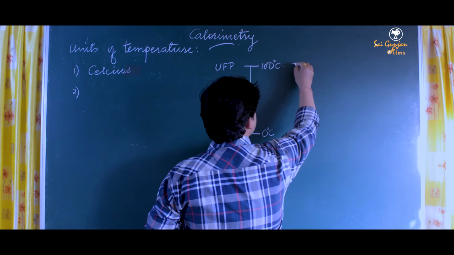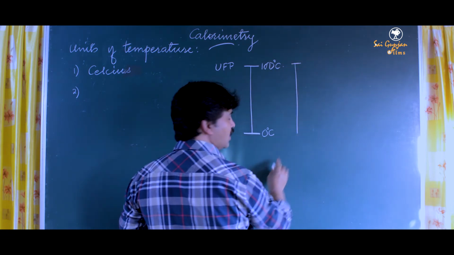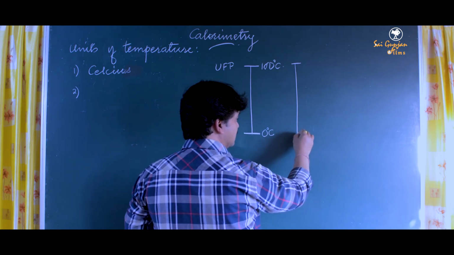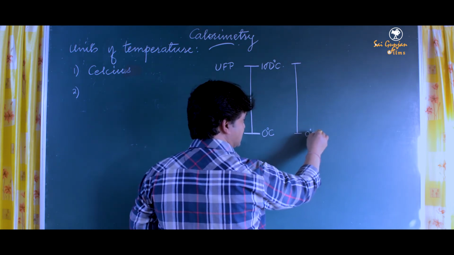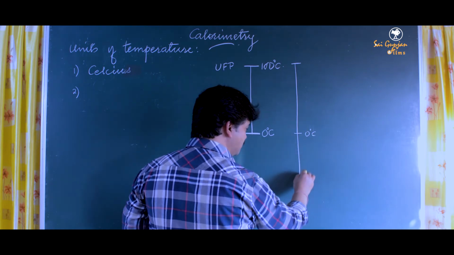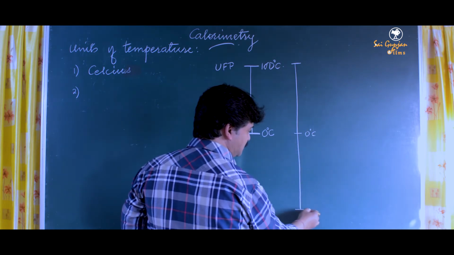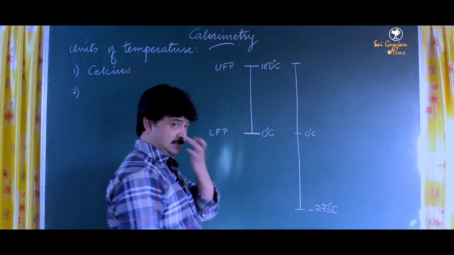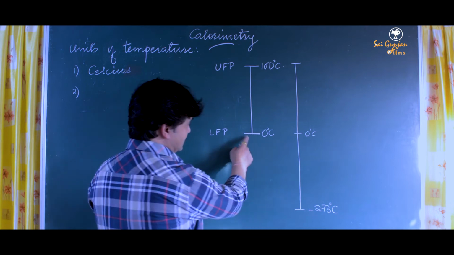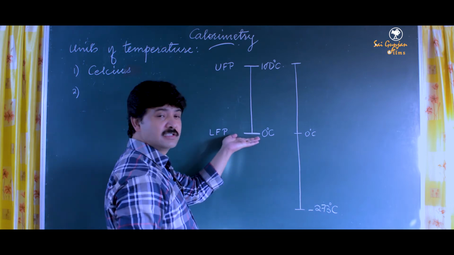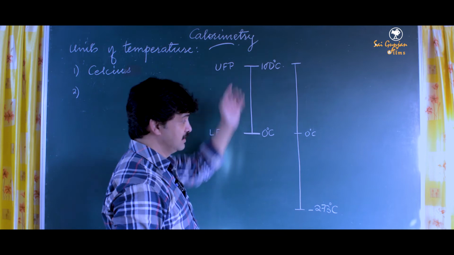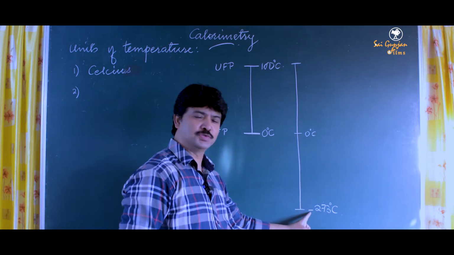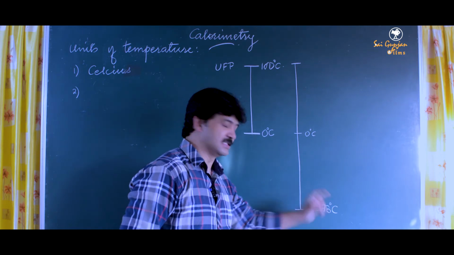But in another scale, the temperature does not start at 0. This is 0 degrees Celsius, and it goes well below 0 degrees Celsius up to minus 273 degree Celsius. This scale starts from 0 degrees Celsius, but this scale of temperature starts from minus 273 degree Celsius.